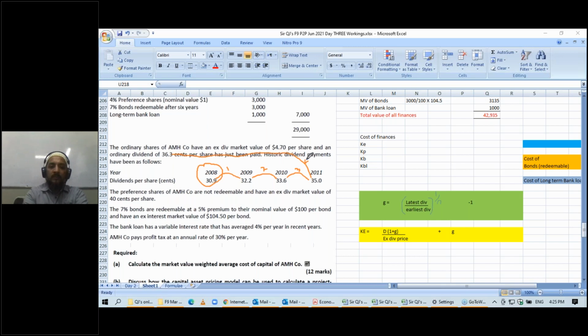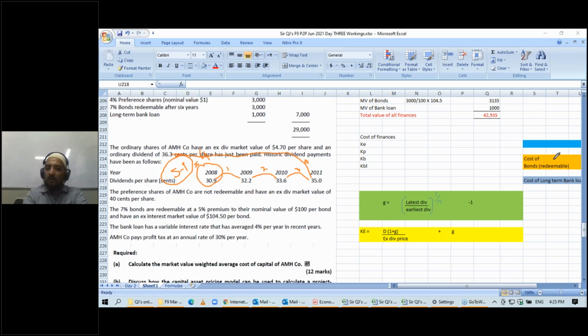So the total number of dividends is 5, but n will be equal to 5 minus 1 equals 4, because we need growth. The dividends have grown from 30.9 to 36.3, not in 5 years. There are 5 dividends, but the increase has taken place in 4 years. So we'll be taking 4.